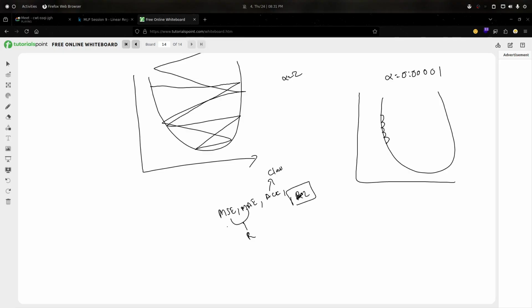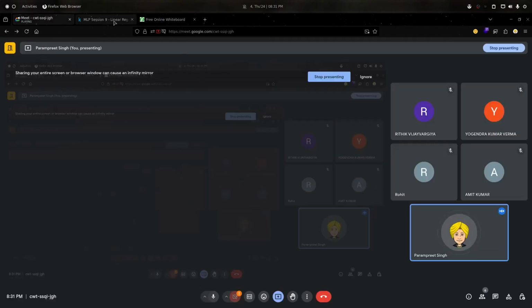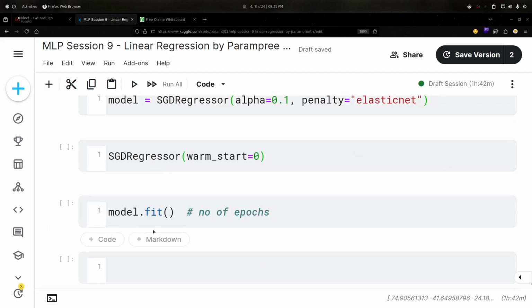R2 is basically another metric to check how our model is working. By default, whenever we write model.score and pass in the validation set as well as the true values, it computes the R2 score.